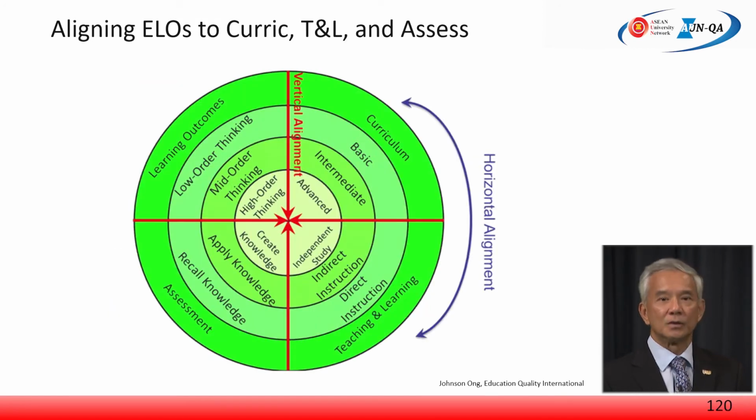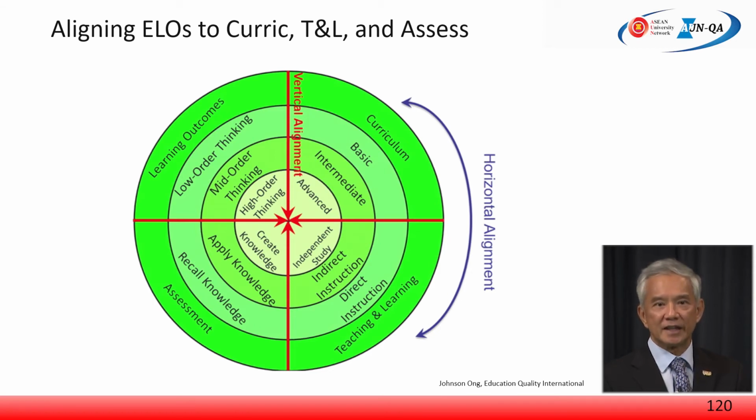There is alignment also in the various levels of a curriculum. Every program needs to have its basic, intermediate, and advanced courses. We already know that there needs to be alignment in the learning outcomes, some requiring low-order thinking, some requiring mid-order thinking, and those requiring higher-order thinking. Alignment in assessment means to require some knowledge recall, some knowledge application, and also a degree of knowledge creation.